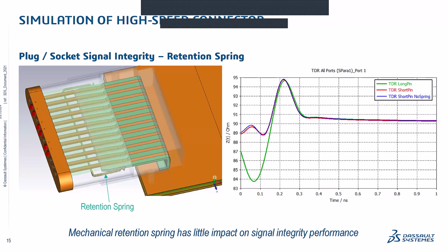The red curve is when the retention springs are present, and the blue curve is when they are removed from the design. You can see that there's barely any difference in performance. So that was good to see. We could verify back with the team that the retention springs were not going to be an issue from a signal integrity point of view.